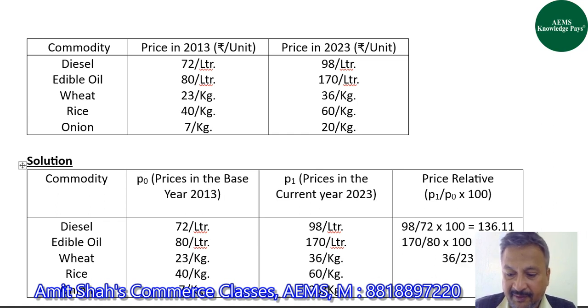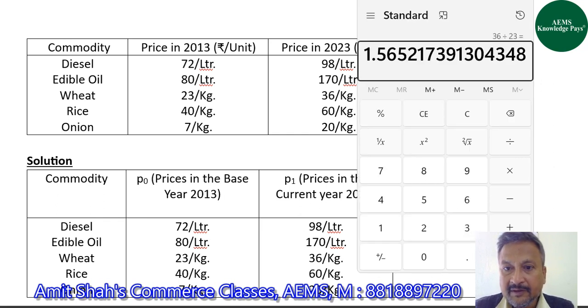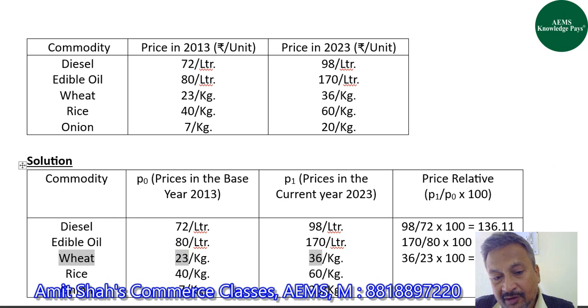Then 36 divided by 23 into 100. That is 156.52. It means price of wheat in the year 2023 is 156.52% of the price in 2013. Am I clear?